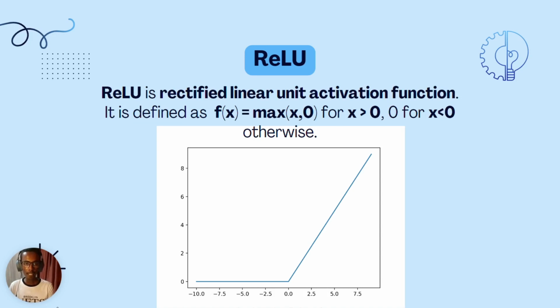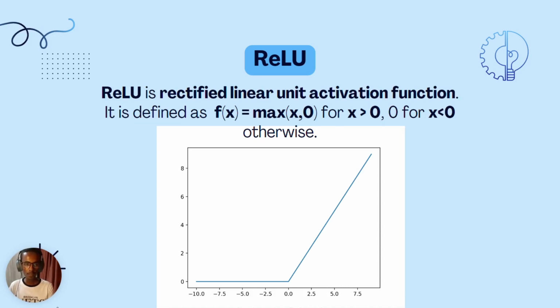And it's defined as a piecewise function: the maximum of the input and 0 is going to be assigned to the function output for any values greater than 0, and it's going to remain 0 for values which are less than 0.